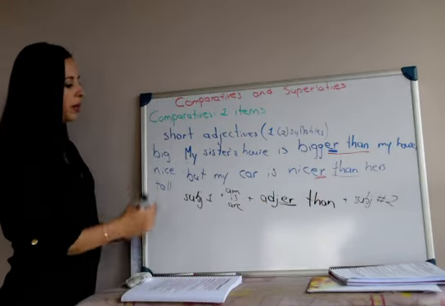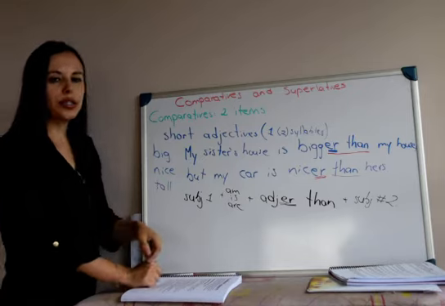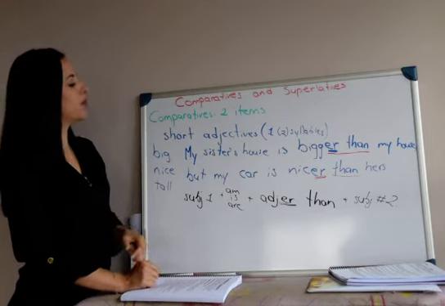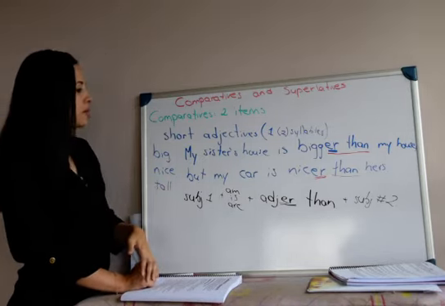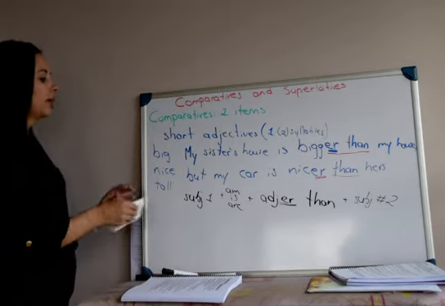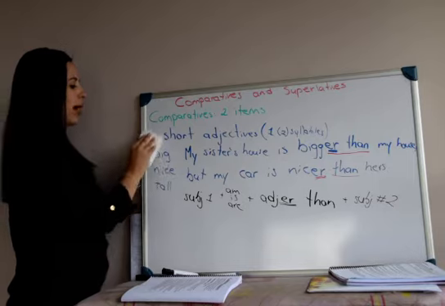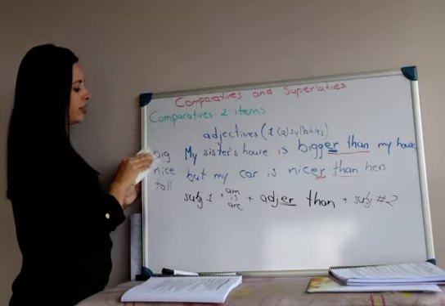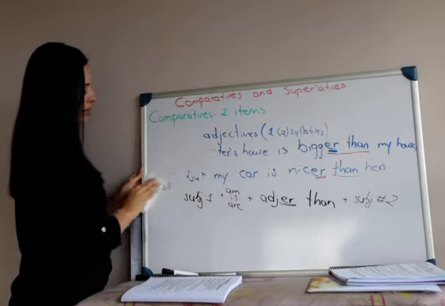Right, so we are comparing, and that is the structure that you need to follow always when you are comparing two items with short adjectives. Right? So, now, what happens when we have long adjectives? Let me erase the example.